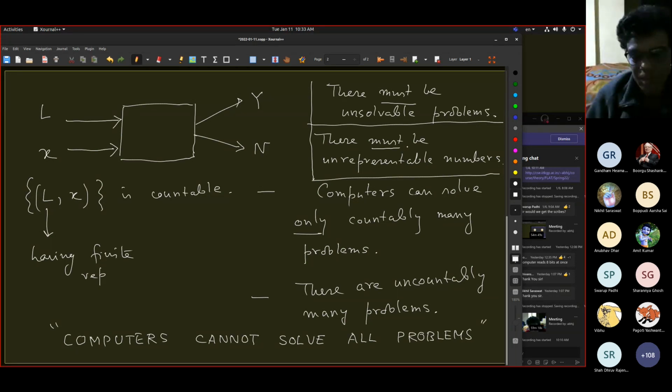Okay. But you cannot keep on introducing new symbols for every irrational number. You will eventually run out of symbols. So that's the point.